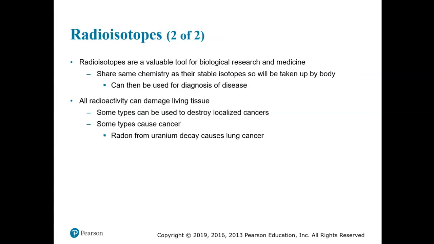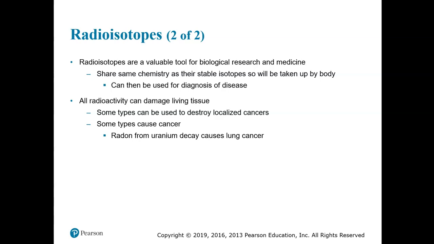Well, I don't see any examples listed here, so I'll just tell you. We use radioisotopes as a tool to image certain body parts. So a PET scan uses radioisotopes, and a thyroid scan uses the radioisotope for iodine.